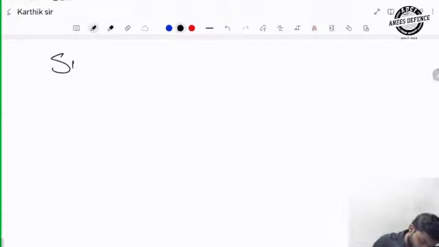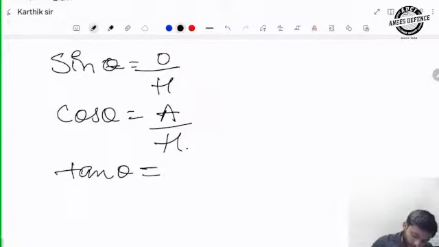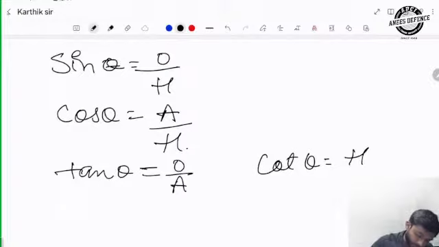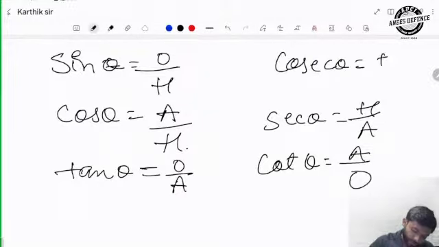So the ratios become: sine theta is equal to opposite upon hypotenuse, cos theta is equal to adjacent upon hypotenuse, tan theta is equal to opposite upon adjacent, cot theta is equal to adjacent upon opposite, sec theta is equal to hypotenuse upon adjacent, and cosec theta is hypotenuse upon opposite.